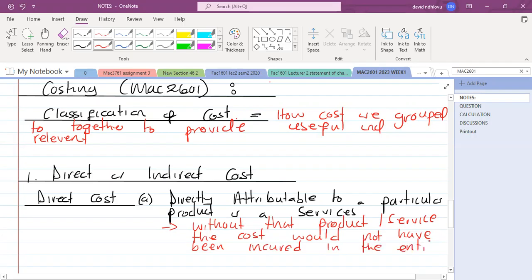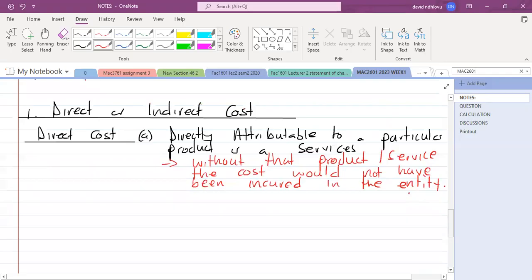So the cost is directly a result of a particular product, and therefore it is associated with that product.